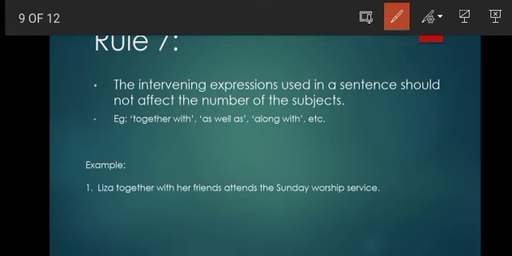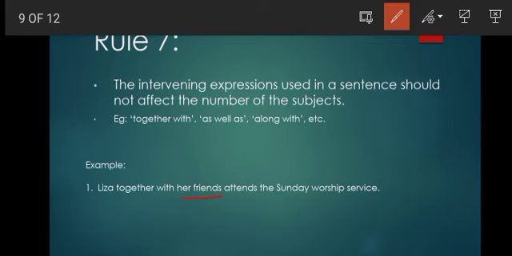This is where people usually have confusion with these intervening expressions, because we often base our verb on them instead of on the subject of the sentence.